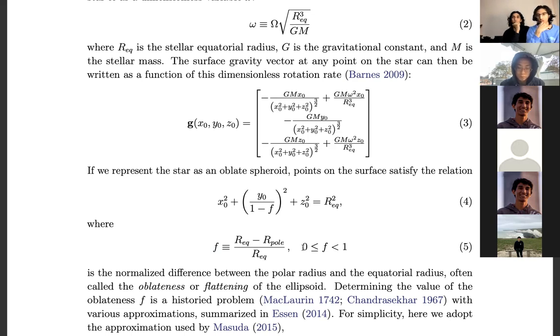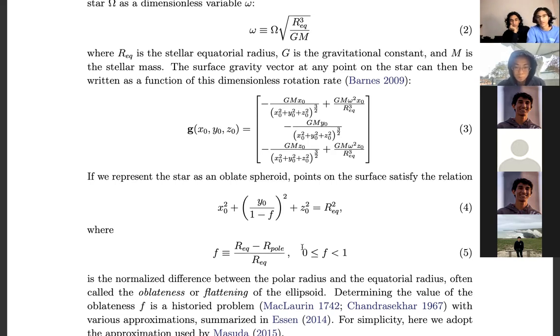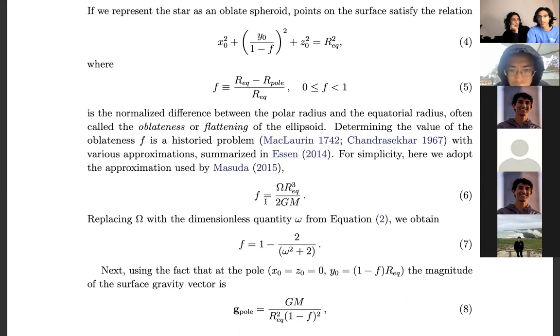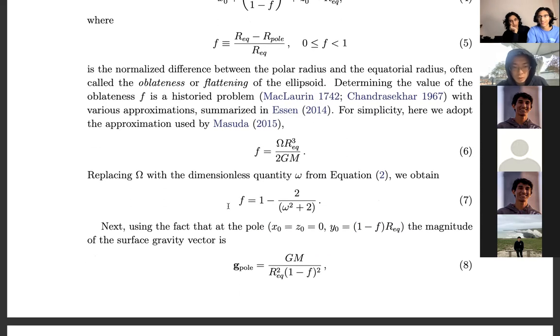A value close to 1 means that the star is very spherical, and a value close to 0 means that it's very oblate, right? Yeah, I keep messing that up.